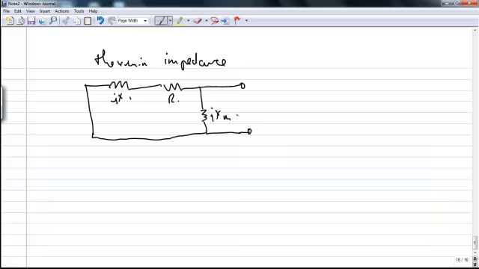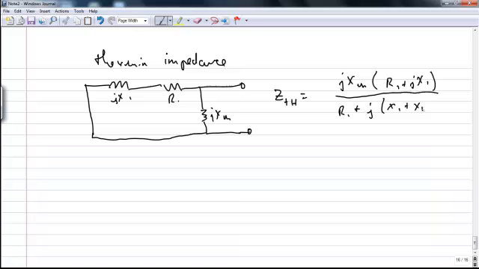So we find the impedance looking into this circuit is the Thevenin impedance, and this would be JXM times R1 plus JX1, divided by R1 plus JX1. Let's just say J times the quantity X1 plus XM.